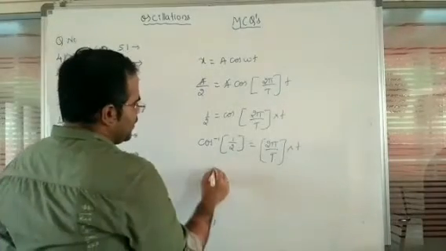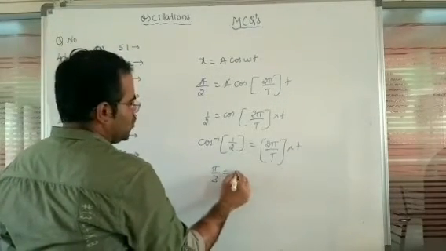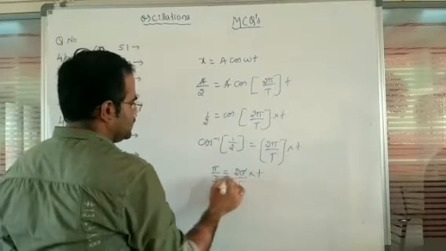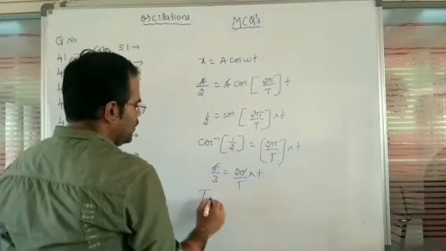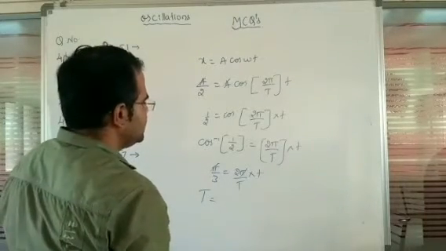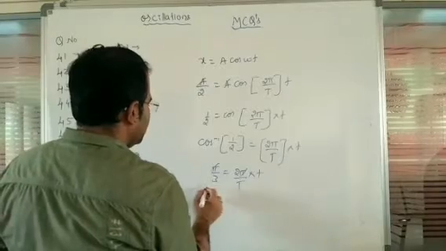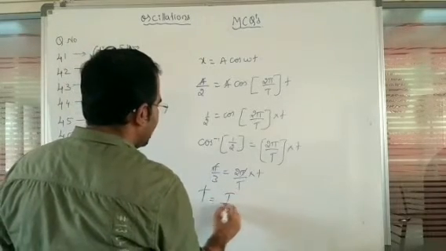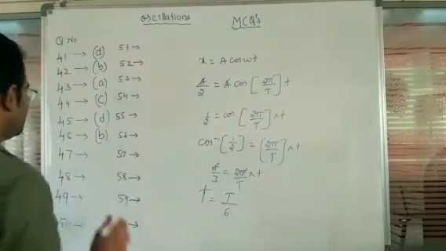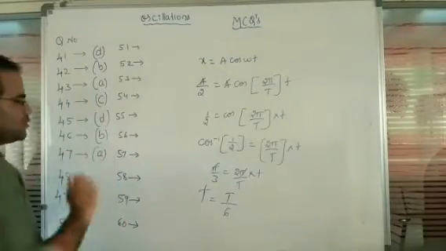In that one, pi by 3 is equal to 2 pi divided by capital T into small t. So these two will get cancelled. Now the small t is equal to capital T divided by 6. So the option for question number 47 is A.